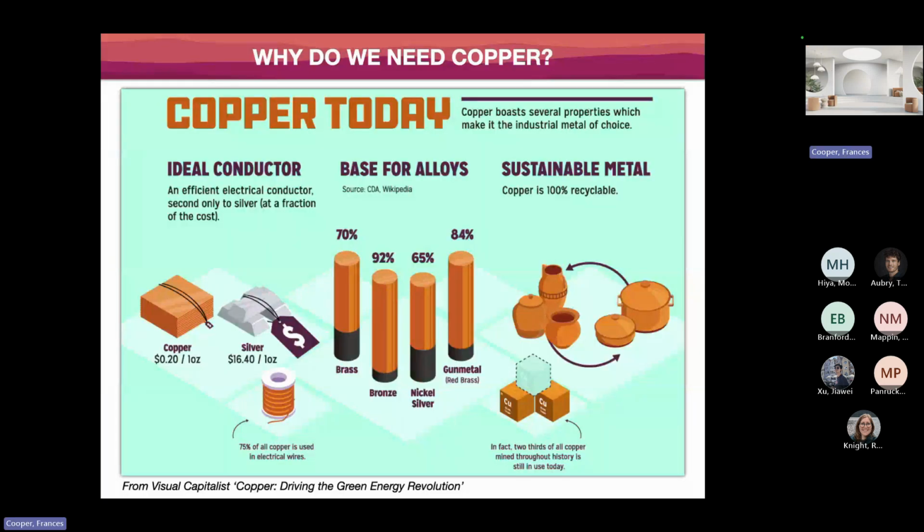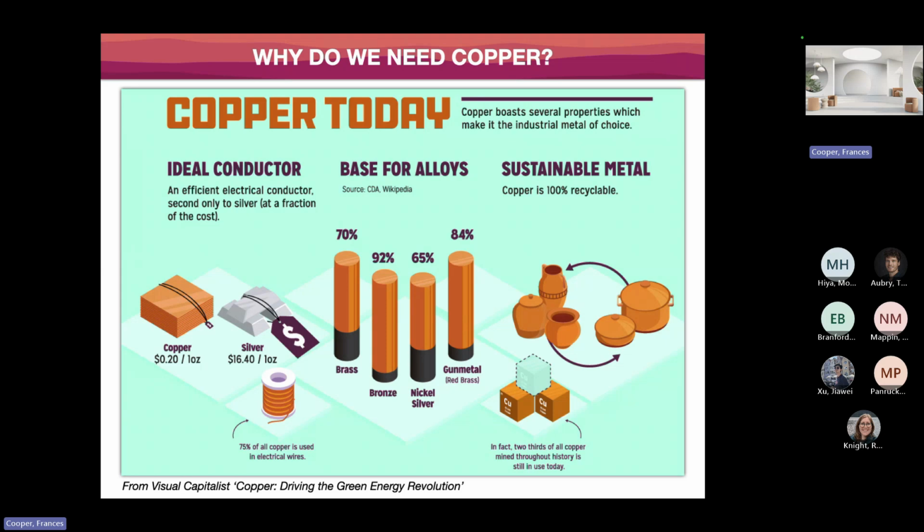So I know I'm in the Camborne School of Mines, so some of this may seem like you've heard it all before. But just to give you a little bit of background for why this is important, why do we need copper? Copper is pretty fundamental to almost everything that we use, particularly in the last 100 years with the development of electricity and all the different mod cons that we have. We need copper pretty much for everything. It's an ideal conductor.